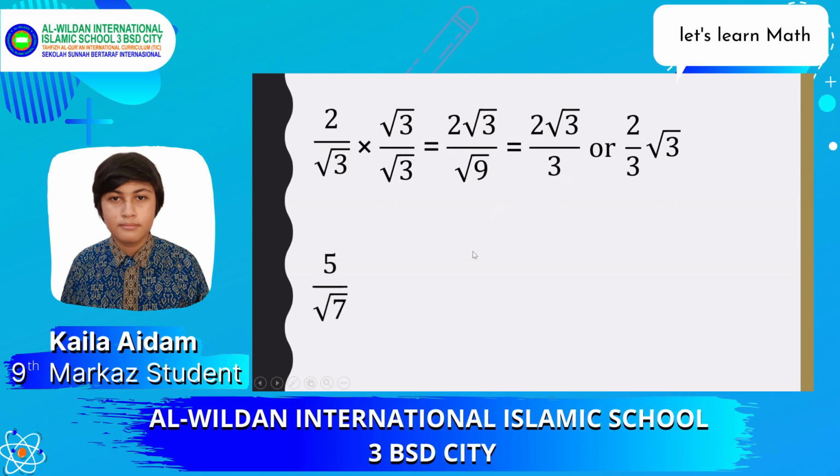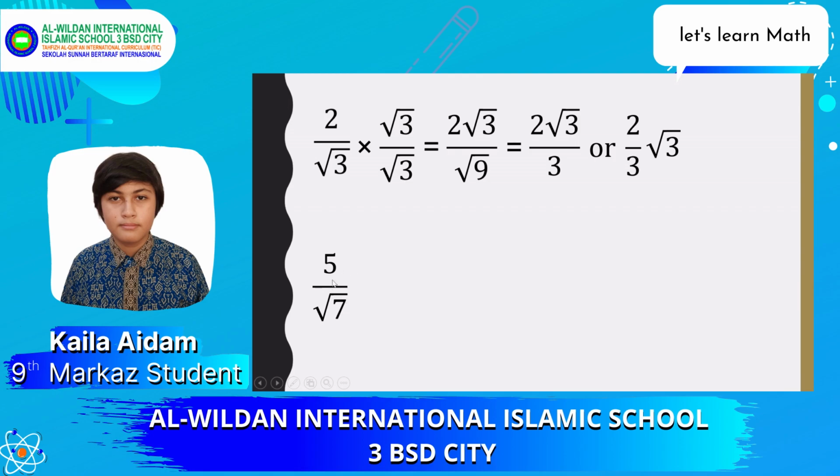Alright, another one. 5 divided by square root 7. Doing this is actually really similar to doing the one with square root 3.